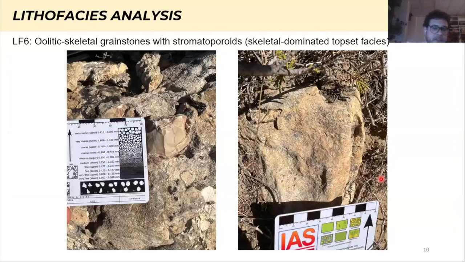Then lithofacies number 6, composed of oolitic skeletal grainstone with stromatoporoids, channel-like decimeter thick beds, stromatoporoids in living position, and an ooidal matrix and other bioclast fragments like gastropods, bivalves, corals, algae, and foraminifera.